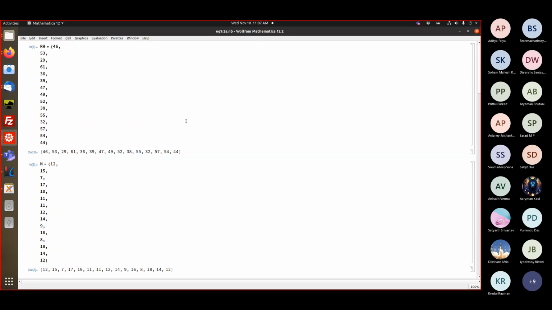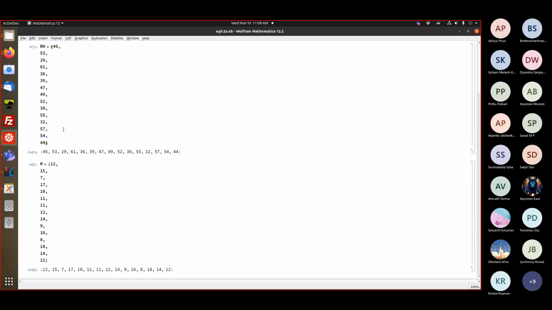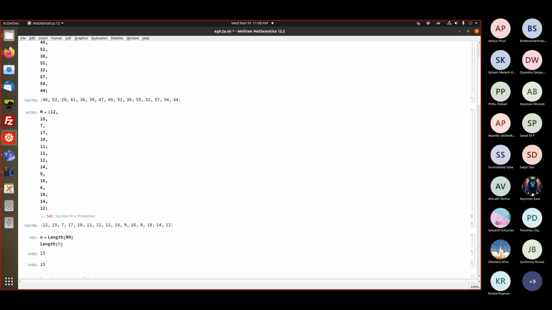Okay, let me go back to this file. So this is the relative humidity, the x-axis, or the independent variable, and the moisture content in the sample, which was the dependent variable. Oh, okay, so I've done something. So we reload this.